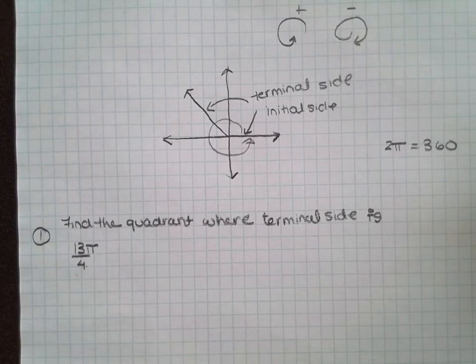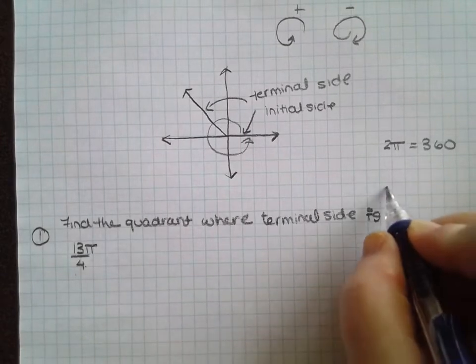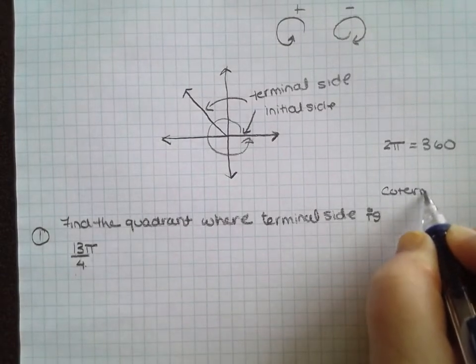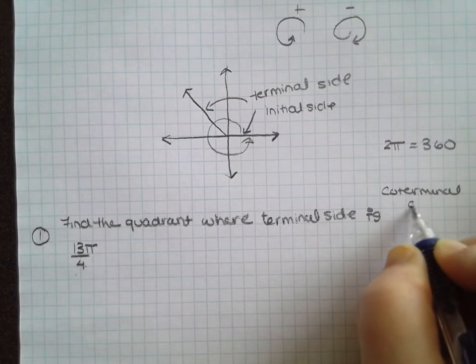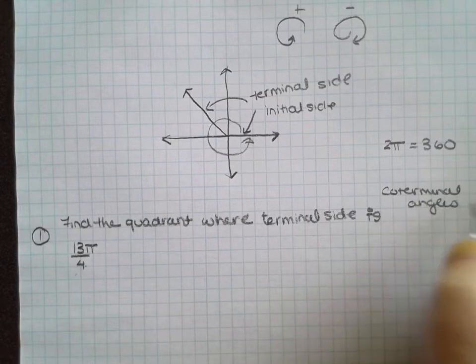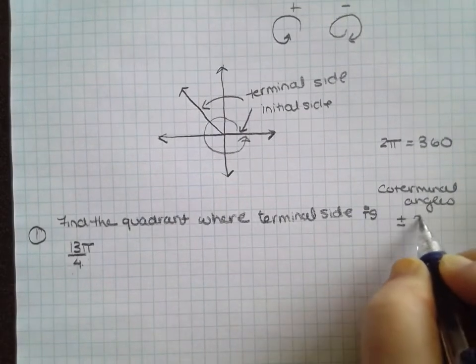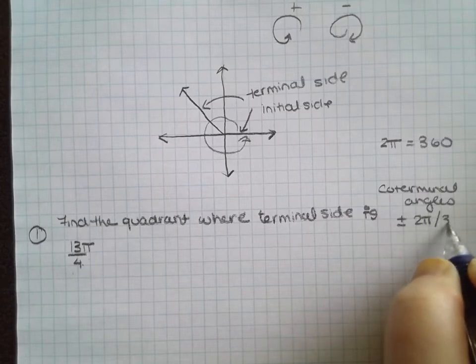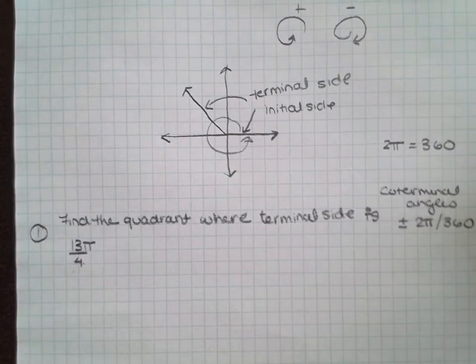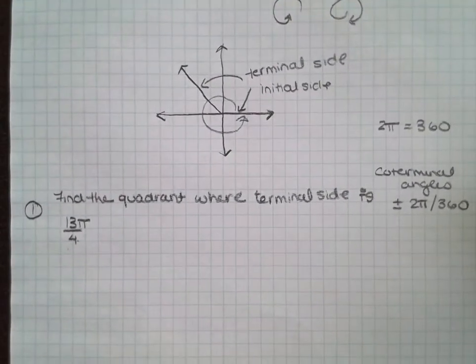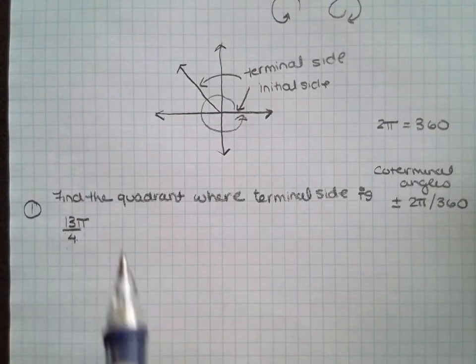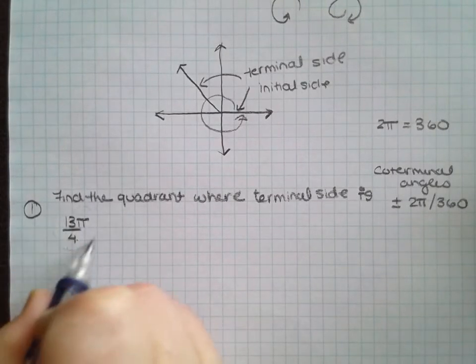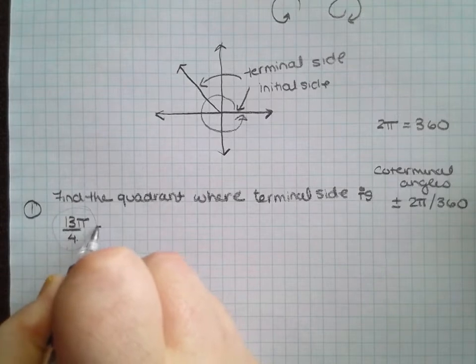When we're finding coterminal angles, we add or subtract 2 pi or 360 degrees, depending on whether this is in radians or degrees. Well, this is in radians, so I'm going to subtract 2 pi.